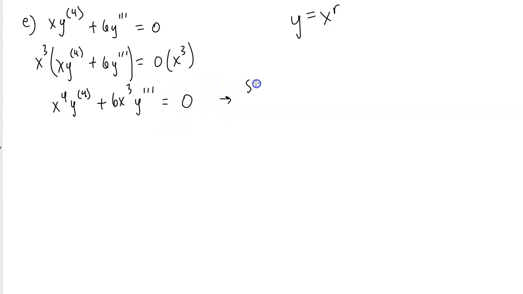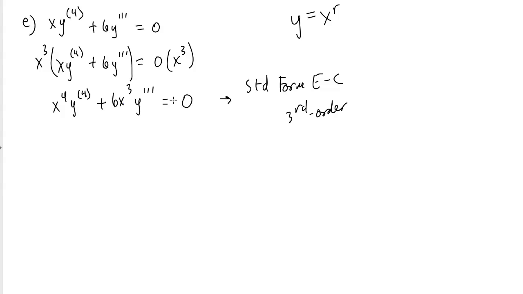And this is the standard form for Euler-Cauchy. And of course, this would be of the third order. So even though this does not look like an Euler-Cauchy to begin with, it actually is. And so this is what I meant by checking to see if, number one, it is in the standard form, or number two, if we could force it to be in that standard form.